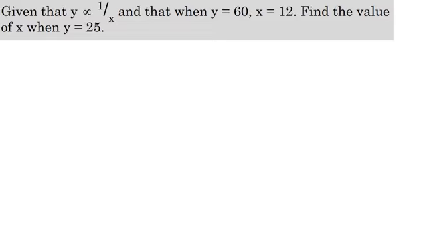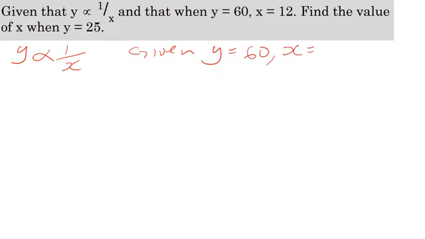Let's first look at another example where we are saying y varies inversely to x. Here we are given y is equal to 60 and x is equal to 12.